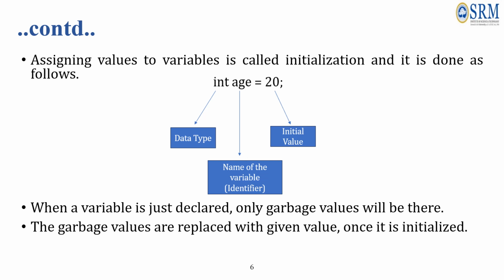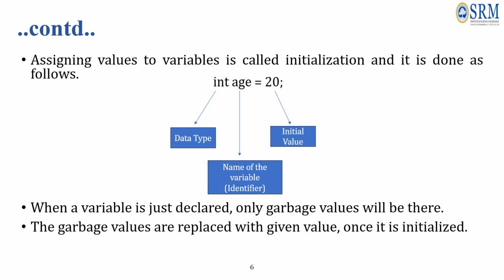When a variable is not initialized, garbage values are considered. I want to tell you one more thing: when a variable is initialized, that value can be changed again because it is a variable. So here int age equal to 20 is initialized, but later in the program, if I have to change the value of age, it can be done.